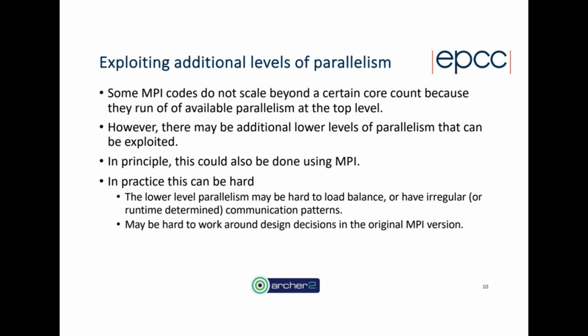So that's actually one of the considerations for a lot of codes: simply saving memory, or being able to fit a certain problem into memory. It's the sole motivation in some cases for doing hybrid MPI and OpenMP, and the performance is essentially a secondary consideration.